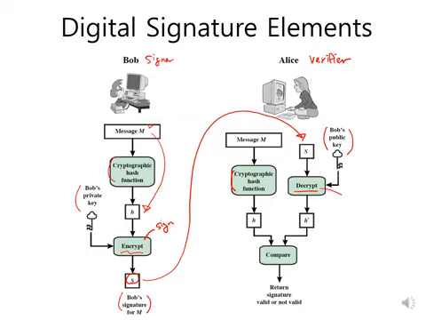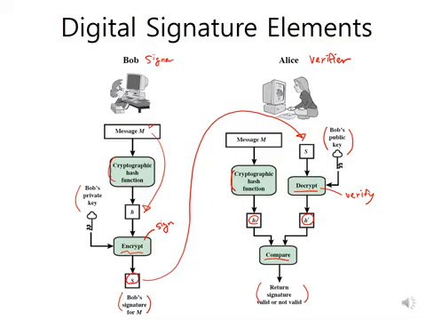Actually, the decrypt function here is used to verify the signature. Let's suppose the output is H prime. Then H and H prime are compared with each other. If they match, it means that the signature is valid. If not, it means it is not valid.